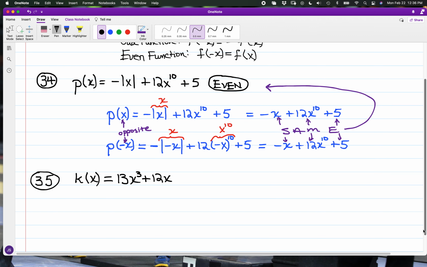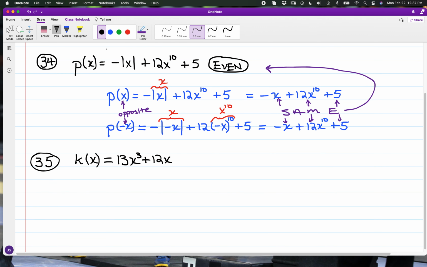And again, we're going to look at the outputs on the basis of what we have with the inputs at x and negative x. So again, we have k of x is equal to 13x cubed plus 12x.